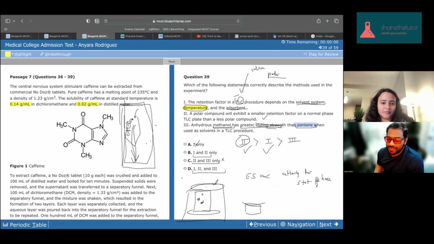If you don't have as much mobile phase, you're going to have a retention factor that would be lower than what it should be. Okay, that makes sense, how things are evaporating depending on temperature. Yeah, and in general, temperature is going to affect almost everything in chemistry.